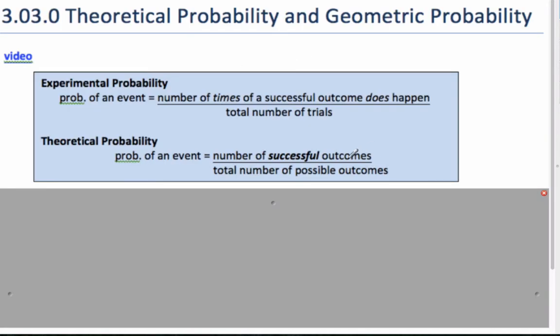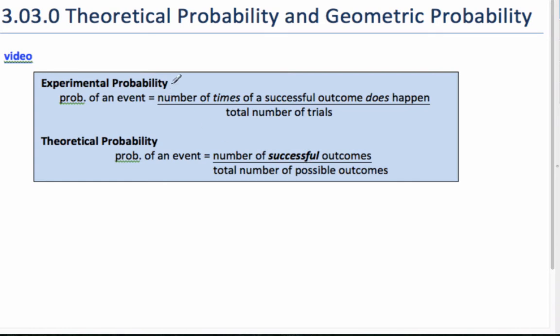And that's the difference between the two. If we do the experimental probability an infinite amount of times, it equals the theoretical probability. Okay, and so if we do this a large number of times, it's a pretty close estimate to the theoretical probability.